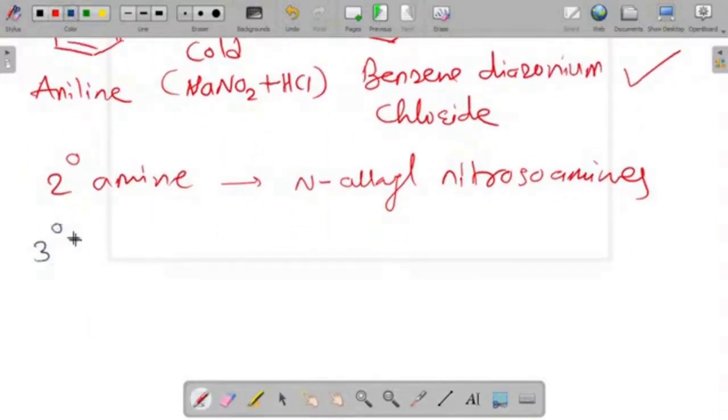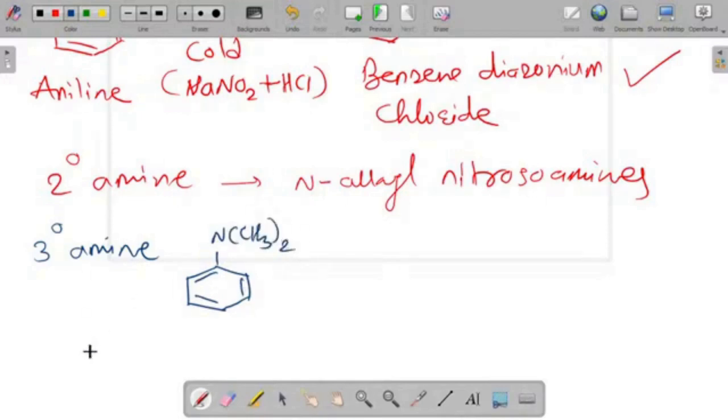So what is the reaction with tertiary amines which are aromatic in nature? So an aromatic tertiary amine, here if you see, this is the benzene ring. At least one benzene ring is required for tertiary aromatic amines, CH3 twice. So this nitrogen is tertiary nitrogen. Why? Because two alkyl groups are there, and one benzene ring is there.